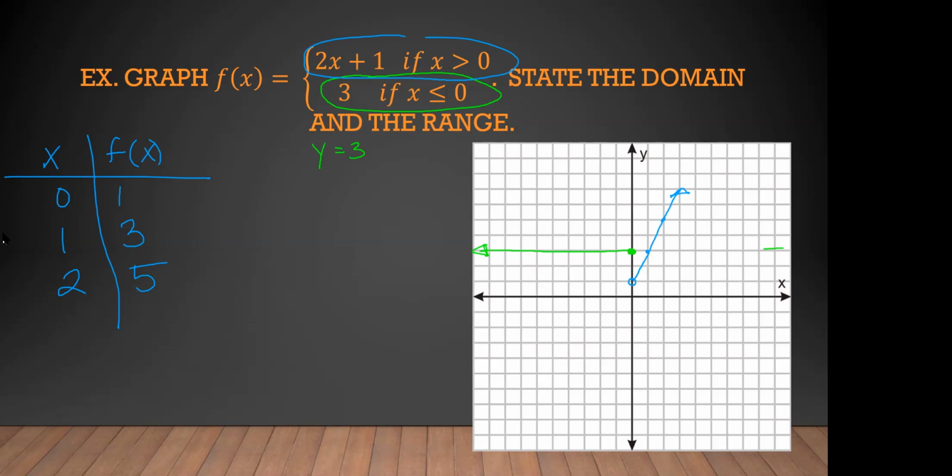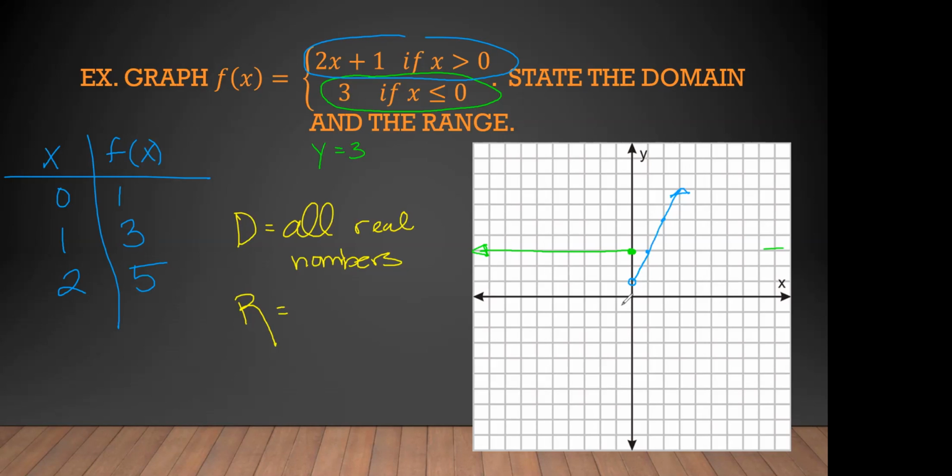So if it also asks for the domain and the range, so for the domain, I can see that x values, they're going towards the negatives, and then over here, the x values are going towards the positives. So that would be all real numbers. And then for the range, I'm looking at my y values.